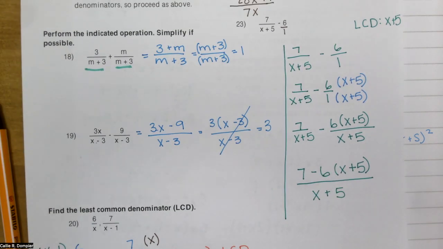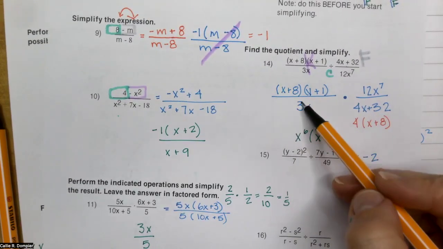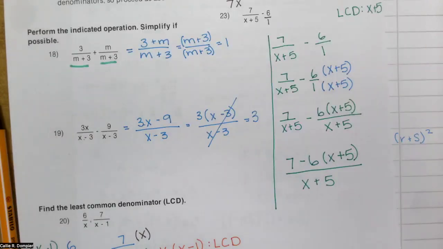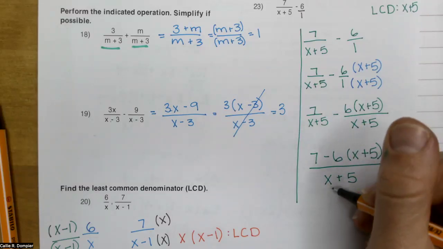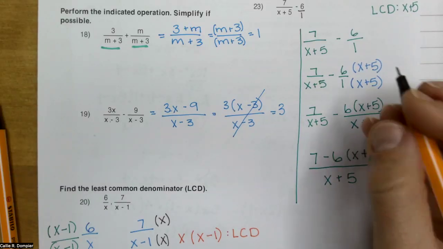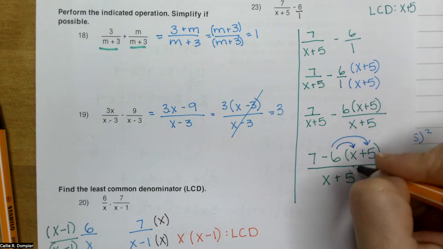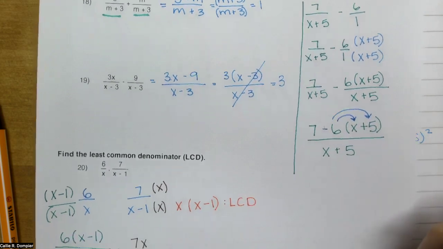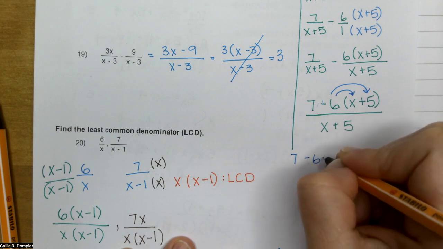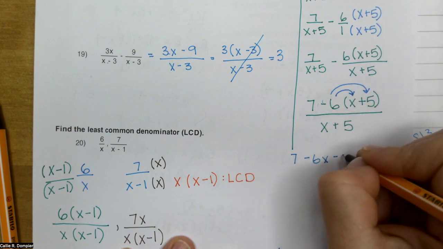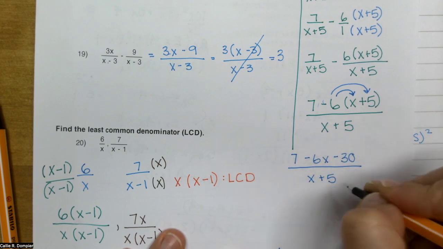So way over here when we were canceling, because we had common terms, it's because everything was being multiplied, right? But here we have 7 minus 6, so we can't just cancel that. But we can distribute the negative 6 to the x and to the positive 5. So now we have 7, negative 6 times x is minus 6x, negative 6 times positive 5 is minus 30, over x plus 5.